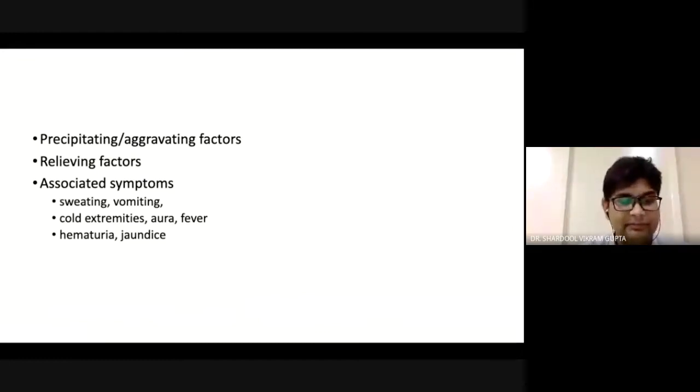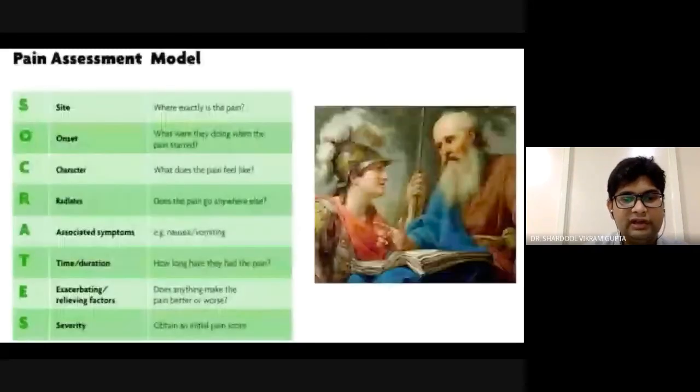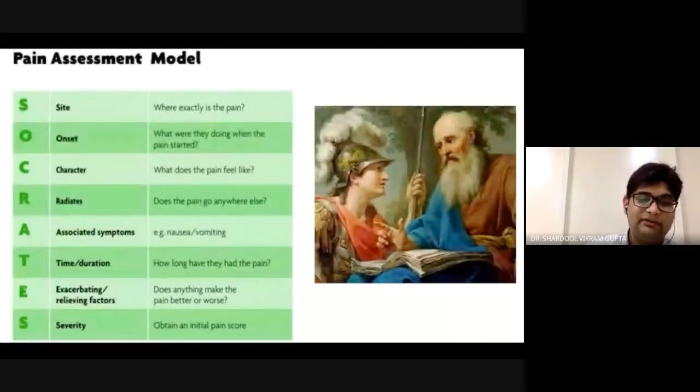And whether there is cold extremity, fever or not, where cold extremity will be suggestive of shock, and whether there is hematuria or jaundice. Hematuria will be seen in right ureteric calculus or renal calculus, and jaundice will be seen in biliary pathology, biliary obstruction.